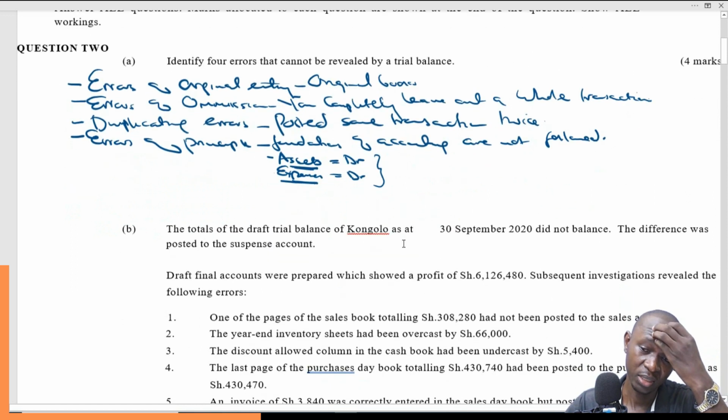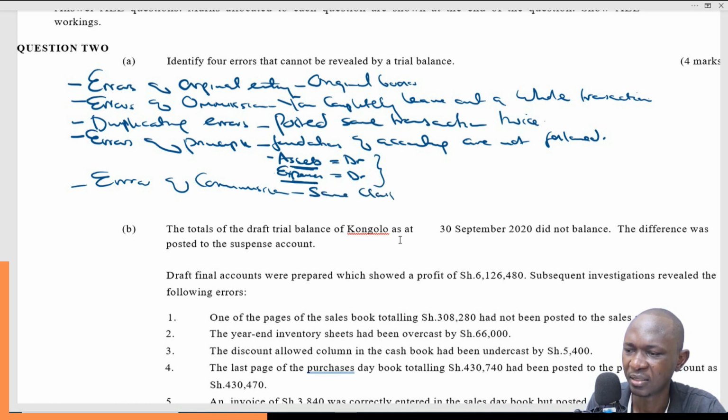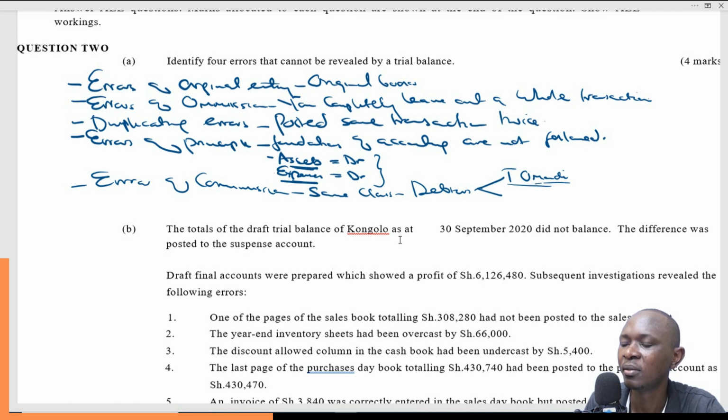Then the next one is error of commission, and this is the same class. These are different classes, but here we are talking about the same class. Like if we are talking about debtors, instead of posting a transaction to T Omondi, whom you are dealing with, you erroneously post it to P Omondi.